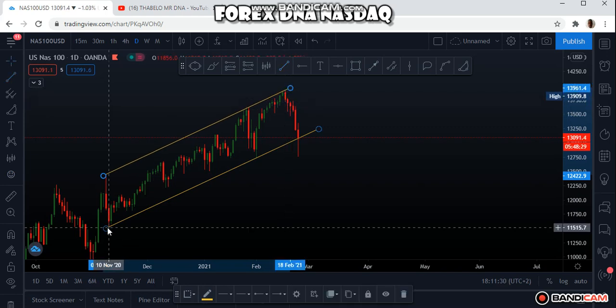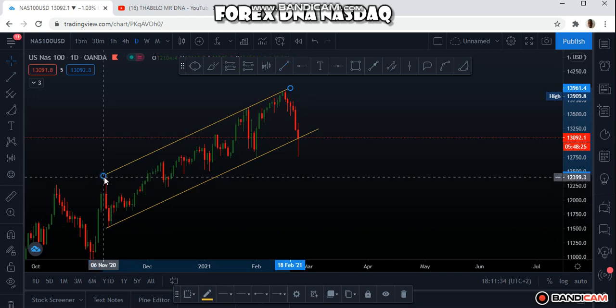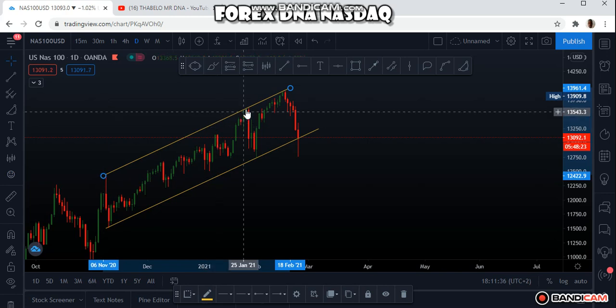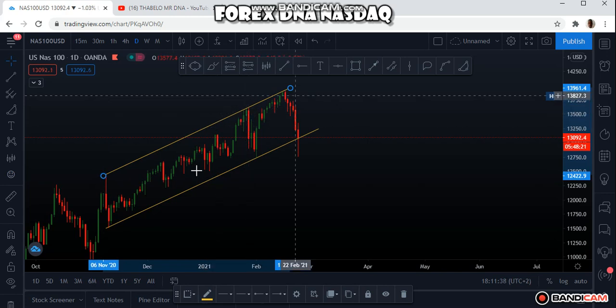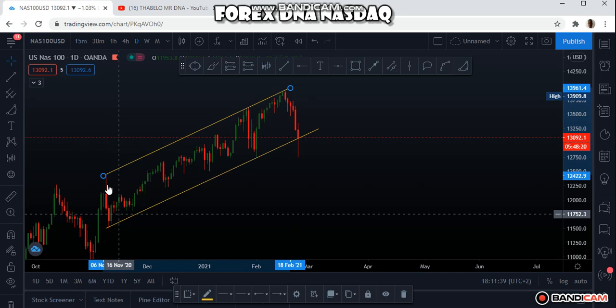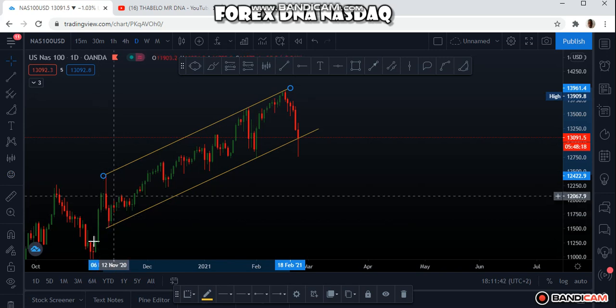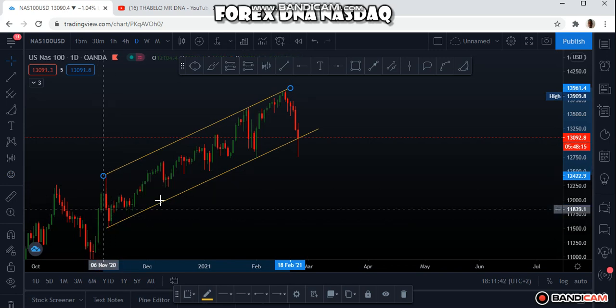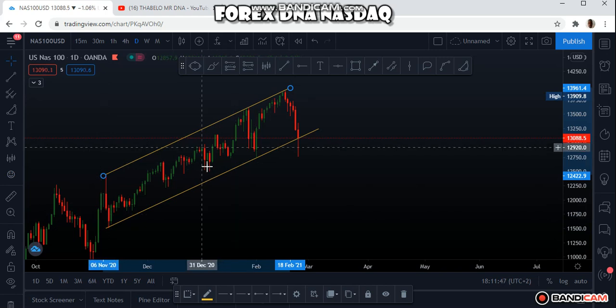you have to know that if you are starting to plot your trend line here and here, and it's supposed to touch here and here, that's where the key is. If you fail to plot your trend line here, it means your setup is wrong.